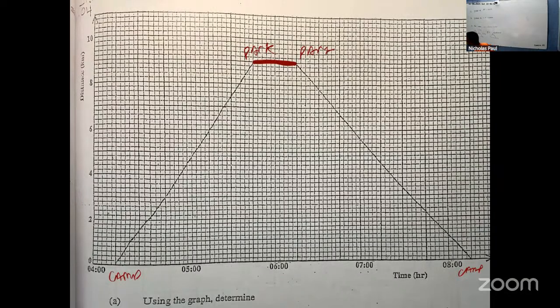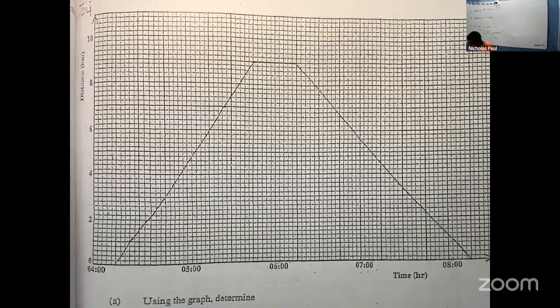How many big blocks is that? 2 big blocks, right? So how long is that? 30 minutes, half an hour. So the length of time at the park is this horizontal part here.